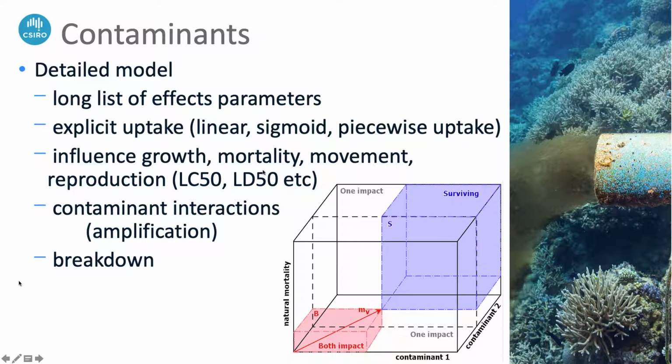You have to have LD50, LD100. So what's the level where 50% of the population dies at exposure, the 100%? When do you start to see chronic effects that last long term? What's the shape of that, whether it's linear, sigmoid, piecewise uptake?